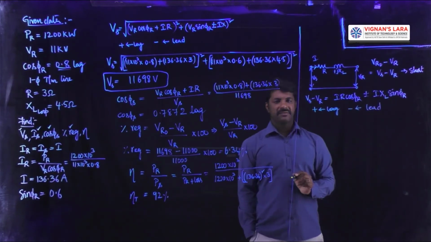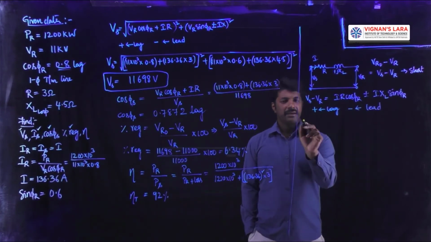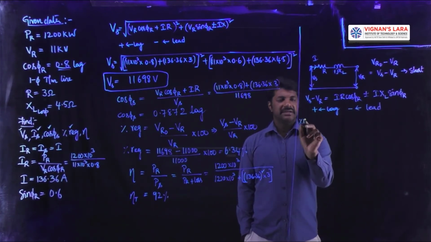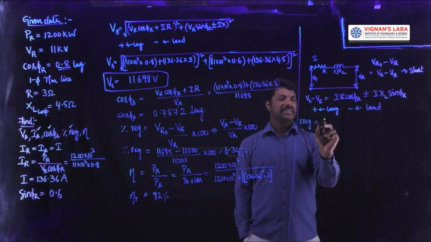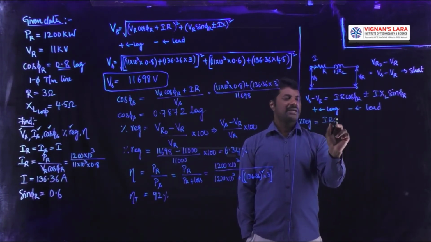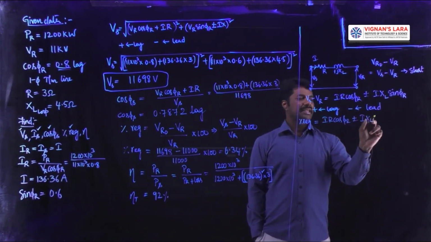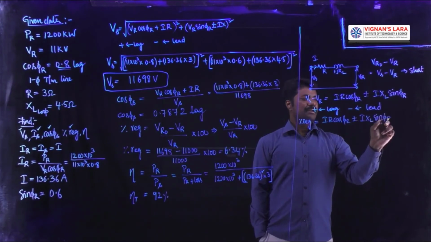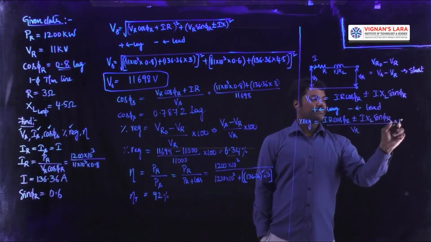Plus and minus vary with the power factor. Then verify the percentage regulation: it is the difference of the potential drops, IR cos phi R plus or minus IXL sin phi R, by VR into 100.